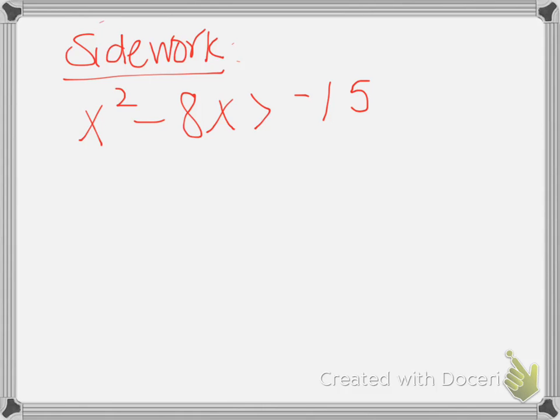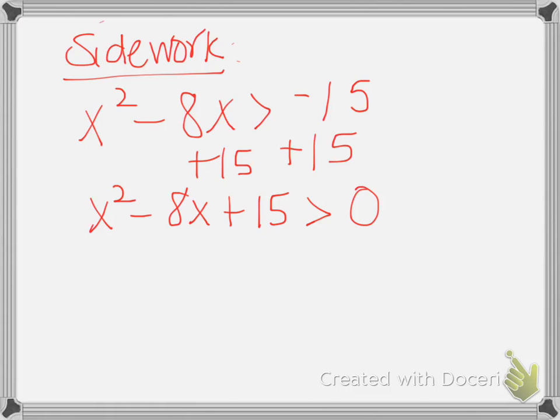Let's work backwards and see what's going on. If we add 15 to both sides, we get x squared minus 8x plus 15 is greater than 0. Let's see, what else can we do with this? Well, we can factor this because it's a quadratic. And it factors: x minus 5, x minus 3.